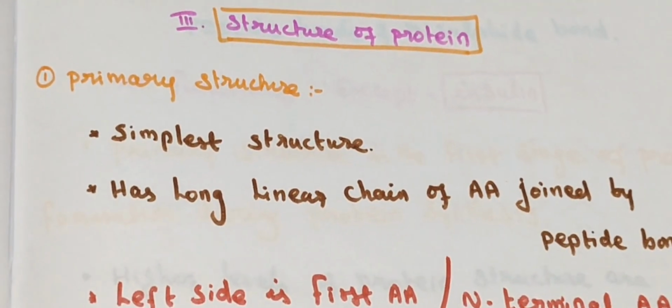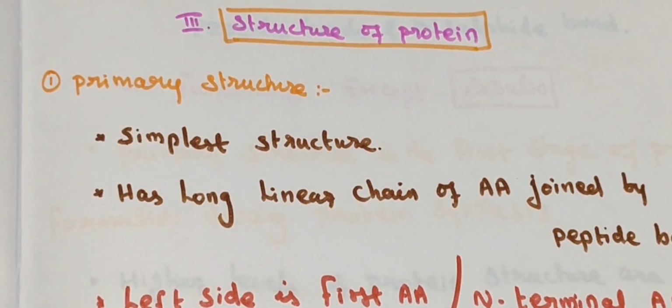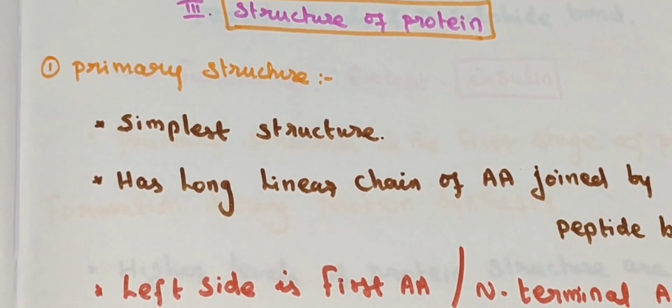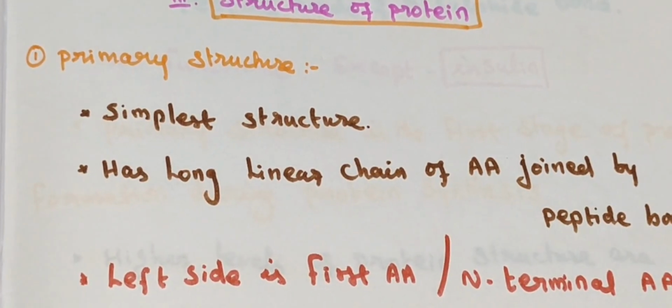Third classification is based on the structure of the protein: primary structure, secondary, tertiary and quaternary. What is the primary structure?